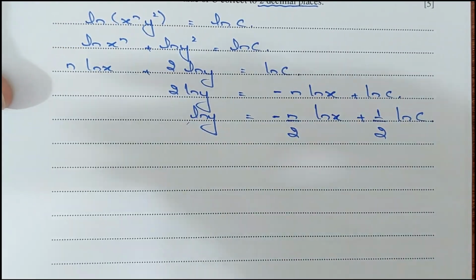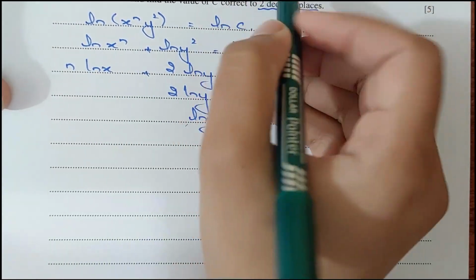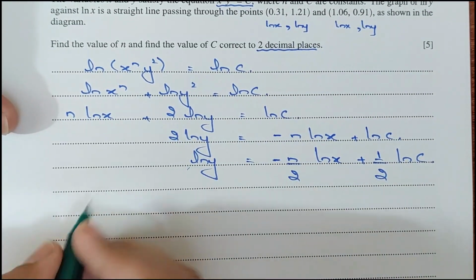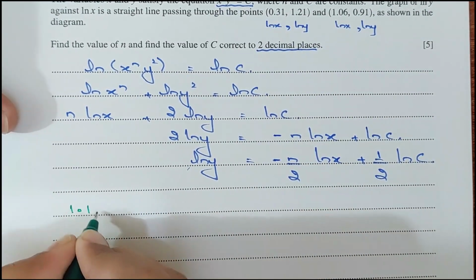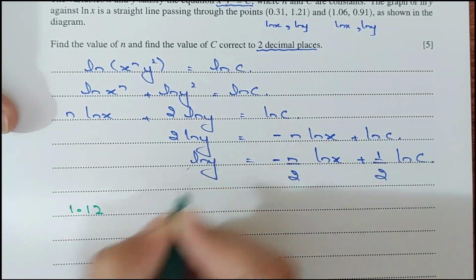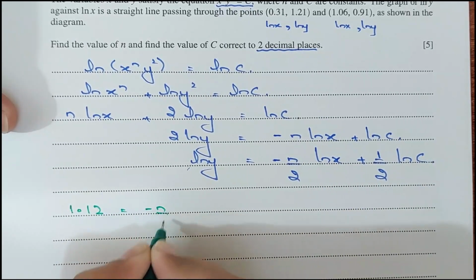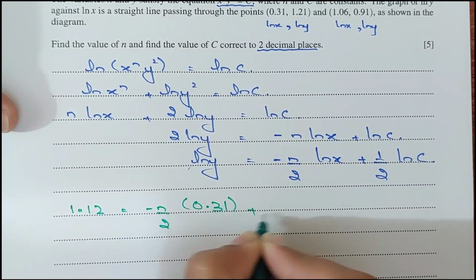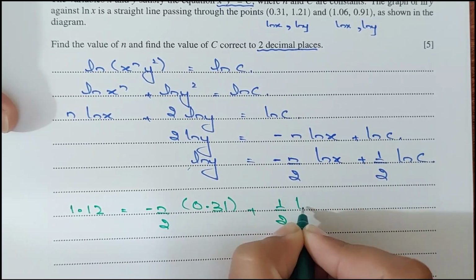Let me plug in the first point, 0.31 and 1.12. So 1.12 in ln y equals minus n by 2 times ln x, which is 0.31, plus 1 by 2 ln of c.